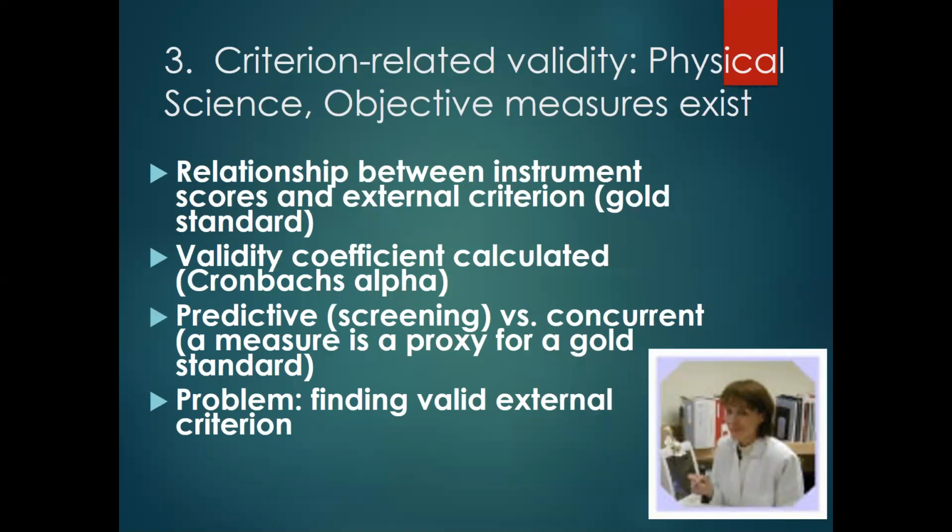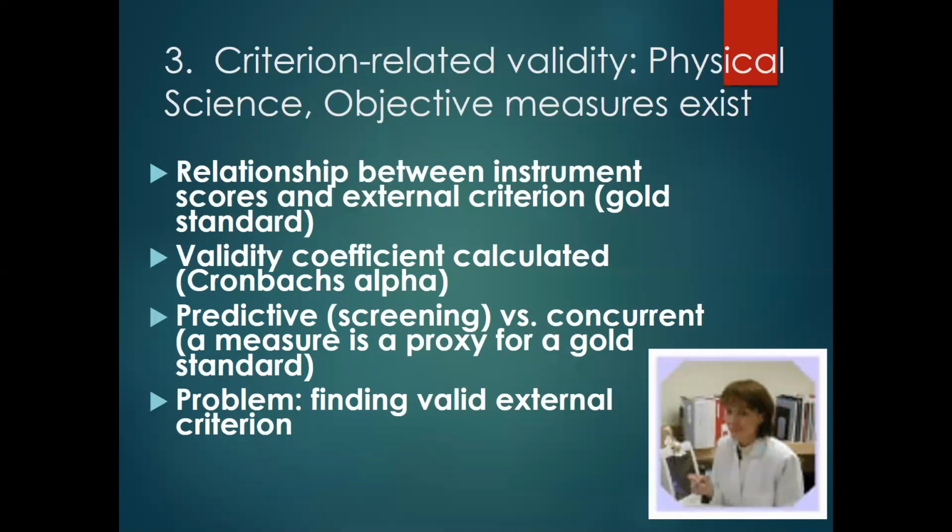Criterion-related validity is, when you think of criterion, I want you to think physical science. Criterion-related validity means that there is a physically observable gold standard that you can measure your instrument to. So it can either be predictive.